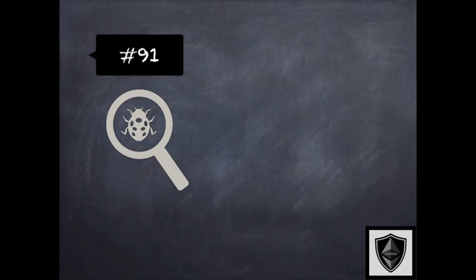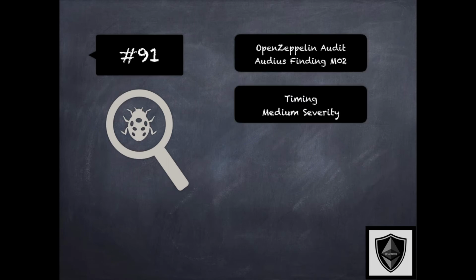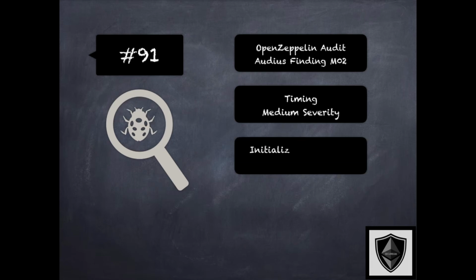91 is another finding from OpenZeppelin's audit of Audius, where it was a medium severity finding related to timing from inconsistently checking initialization. For context, when a contract was initialized, its isInitialized state variable was set to true, and because interacting with uninitialized contracts would cause problems, the requireIsInitialized function was available to perform this check.